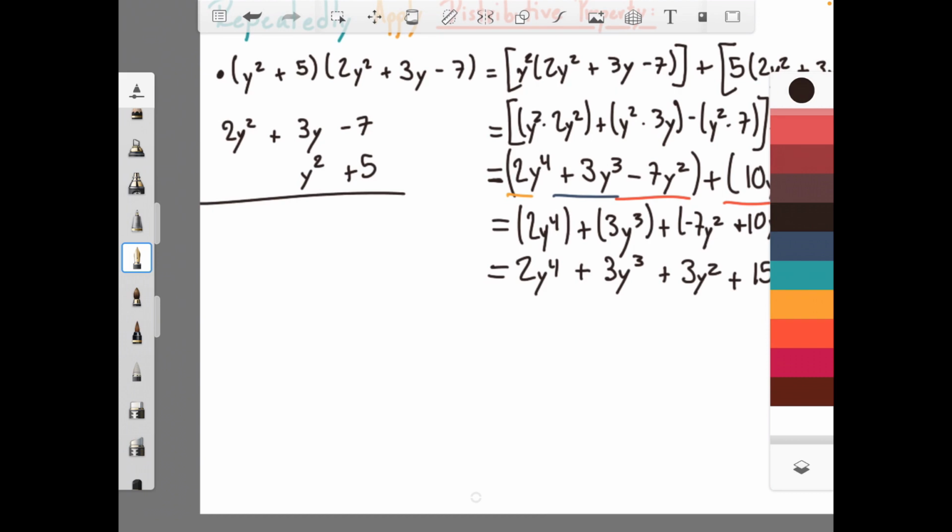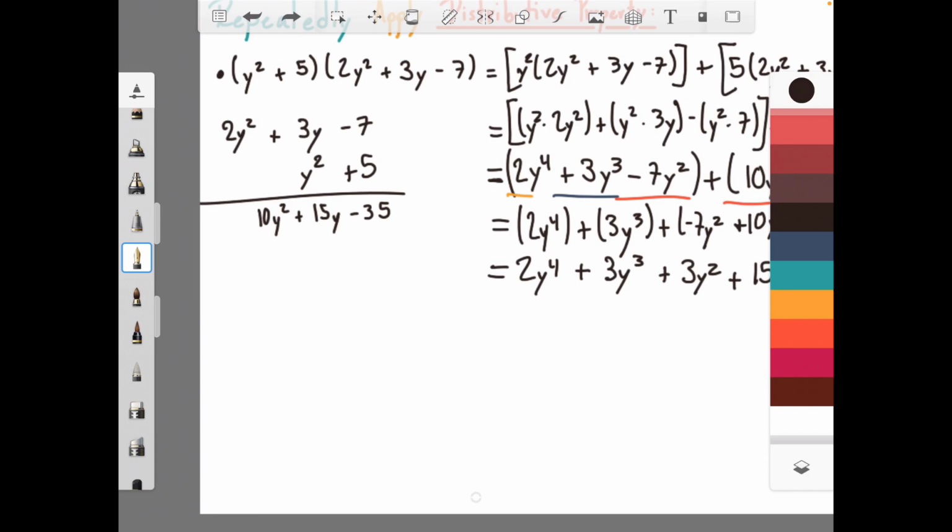So 5 times -7 is -35. 5 times 3y is positive 15y, and 5 times 2y squared is going to be 10y squared. Now, under y to the second power, we leave this space blank so we don't touch that.